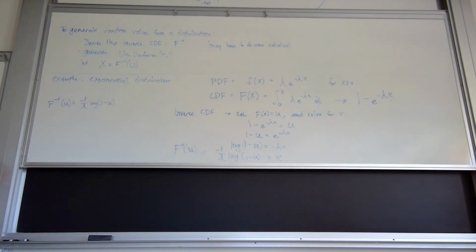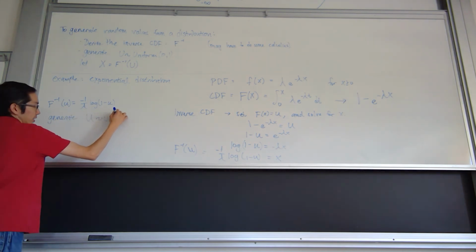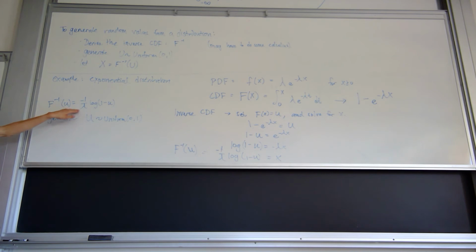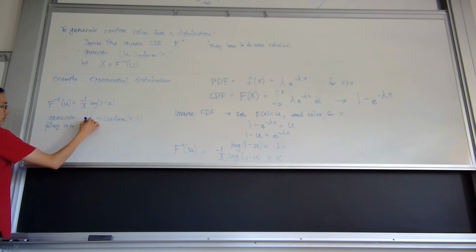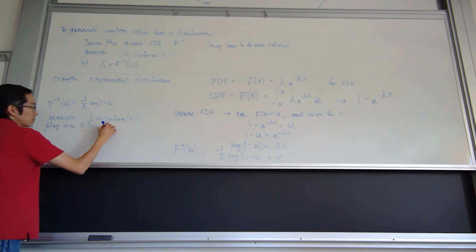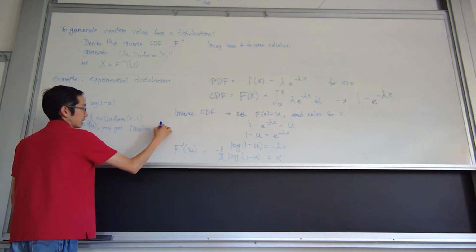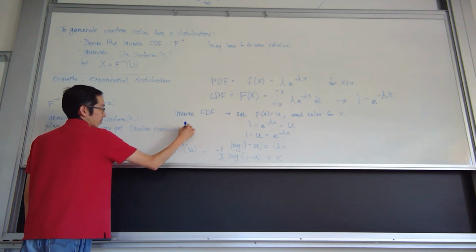Okay, and then now all we do is we say, okay, generate u from uniform 0 to 1, plug in those values here, and that will produce random exponential values. Okay, plug into f inverse of u, and you get random exponential values.